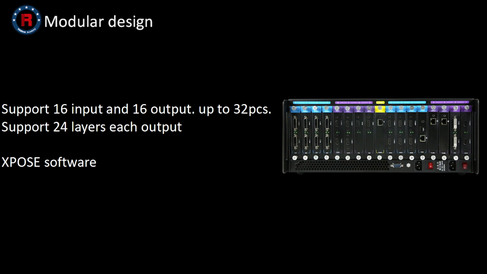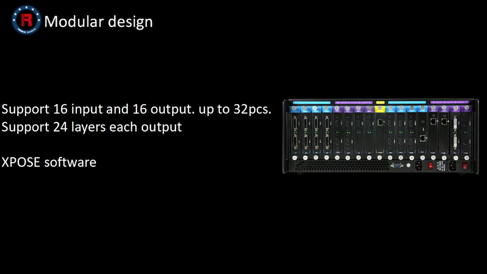On Q16, the first information I'd like to introduce is the configuration for the Q16. Q16 with 4U standard design supports up to 16 input and 16 output. Also, it can support up to 4K inputs.